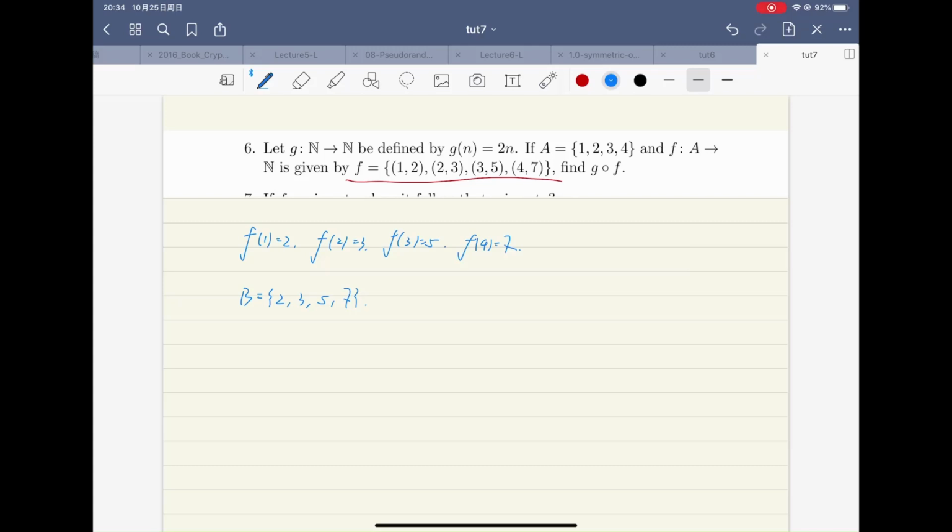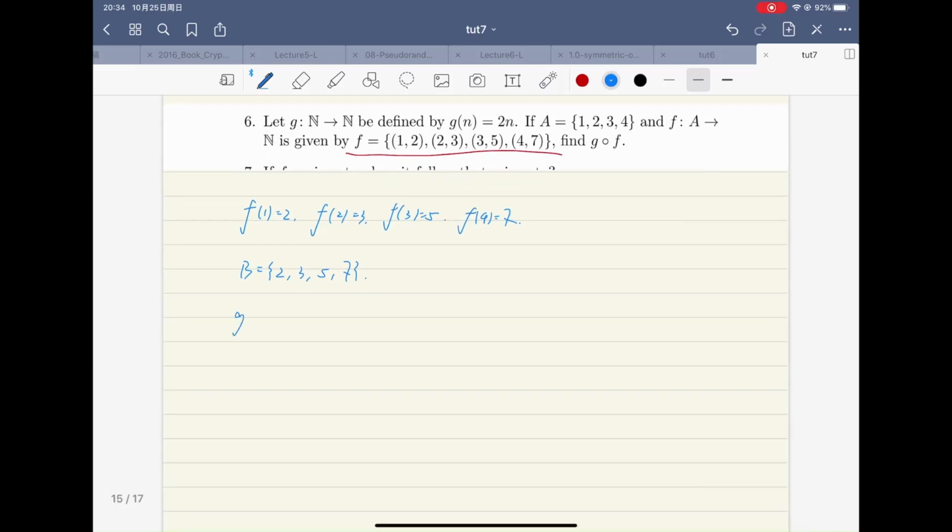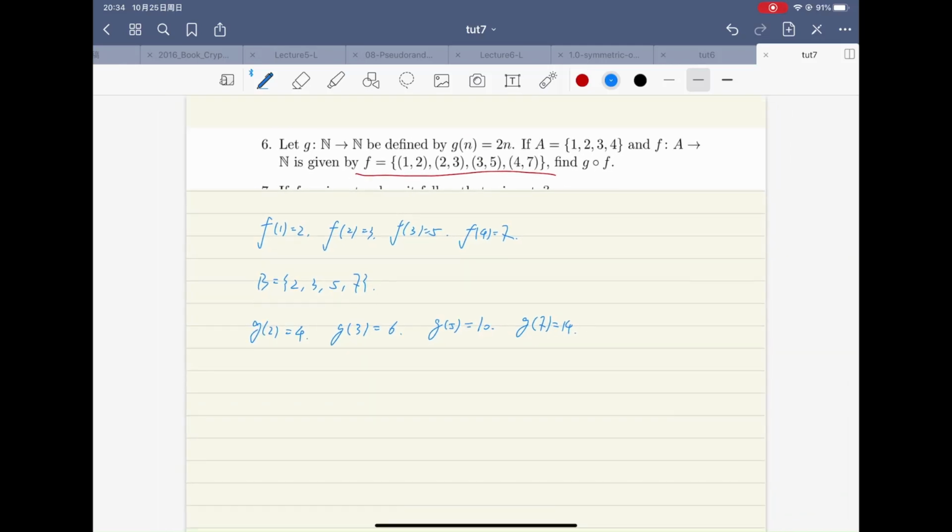And we know that g(n) equals 2n. So we have g(2) equals 4, g(3) equals 6, g(5) equals 10, and g(7) equals 14, right?